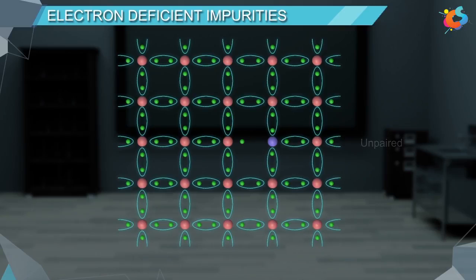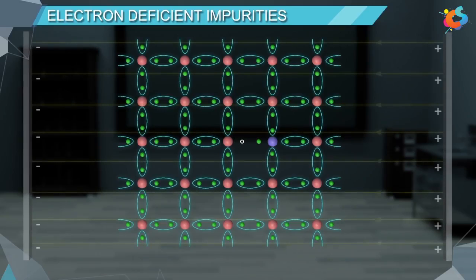This causes an electron vacancy or electron hole in the system. To fill this vacancy, an electron from the neighboring atom jumps into the electron hole, creating an electron hole at its original position.